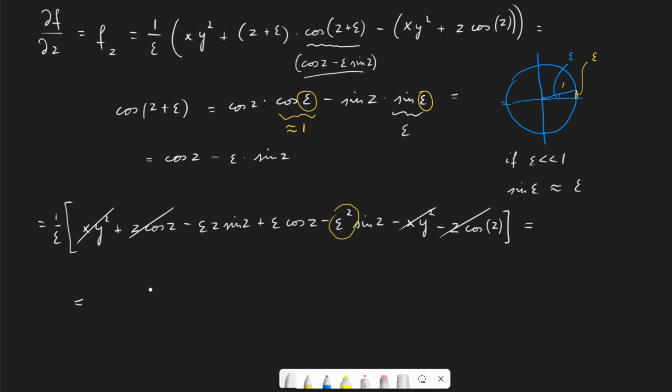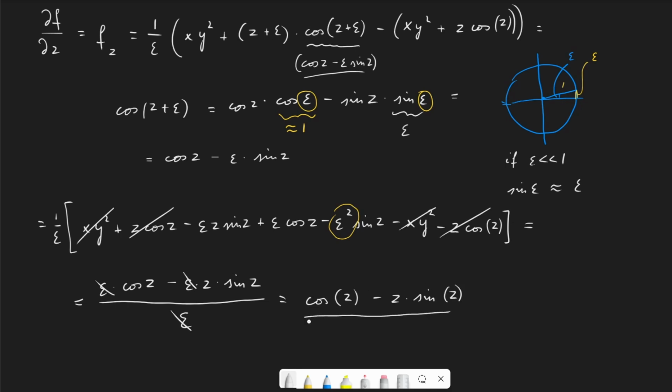So what we will have is epsilon times cosine z minus epsilon times z times sine of z, over epsilon. And we will simplify by epsilon, and what we will have as a result is cosine of z minus z times sine of z. So this is our partial derivative with respect to z.